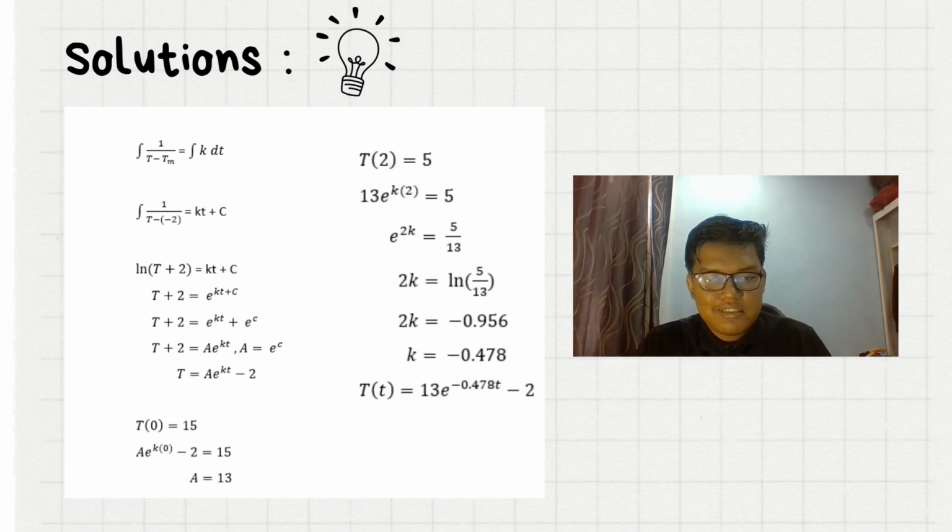So for the first step, we put the equation dT over dt equals k(T minus Tm).